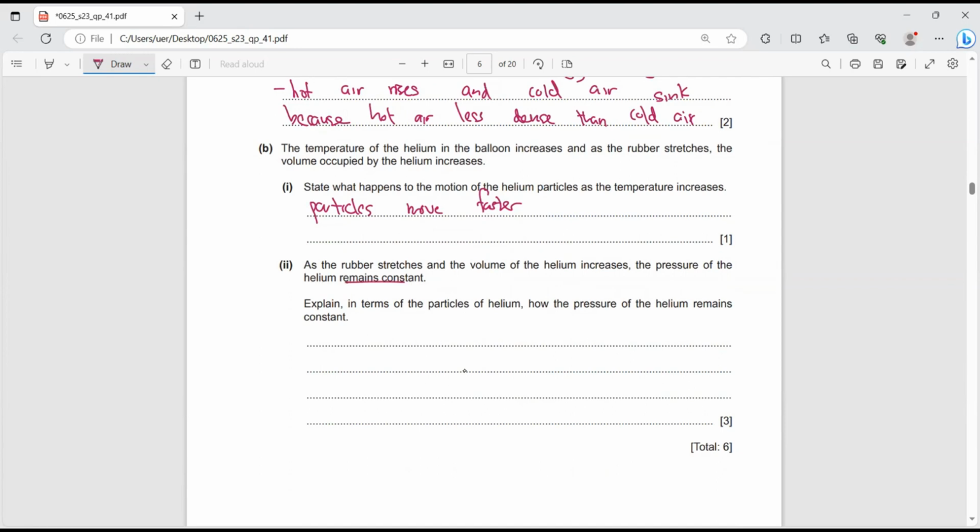In terms of the particles of helium, how does pressure remain constant? So how? Also the helium moves faster, is it? P is inversely proportional to volume. But this one they increase temperature.